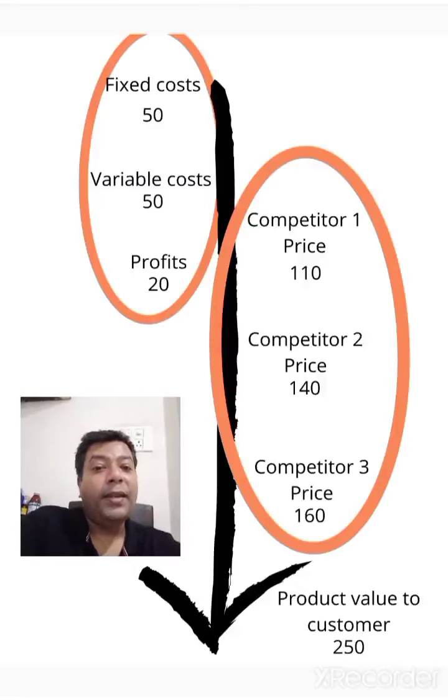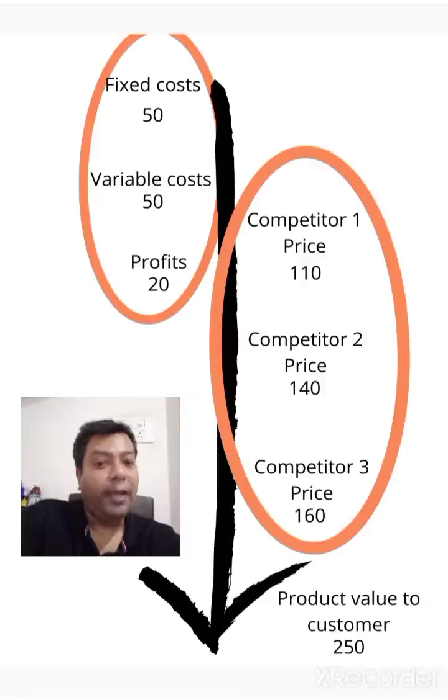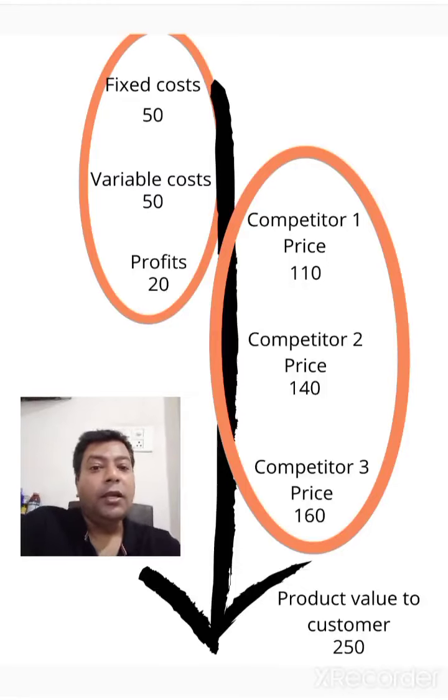And let's say by spending these $200 you're able to sell these 4 cakes you have baked. So that means your variable costs becomes $50 per cake. So that means your total cost of making and selling one cake is 50 plus 50, that is $100.